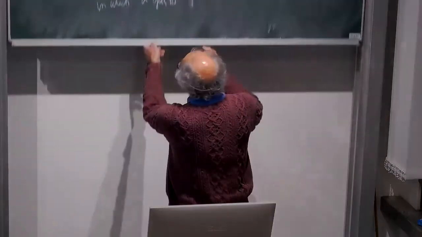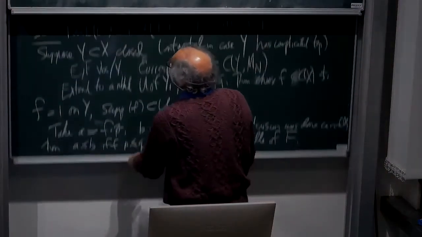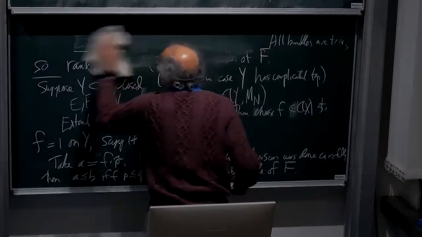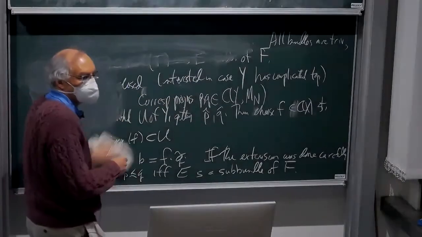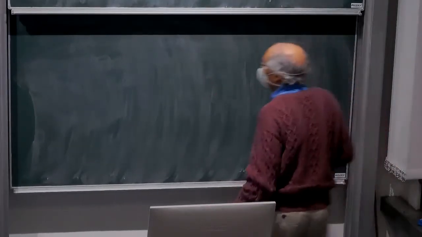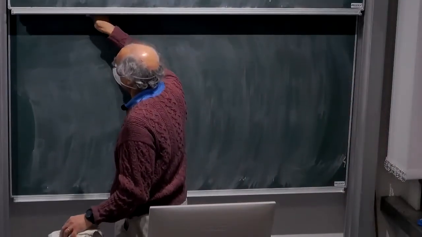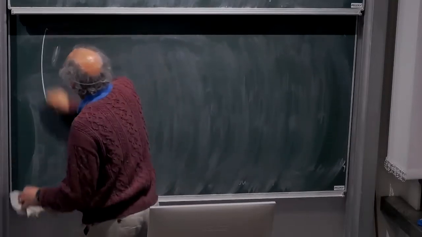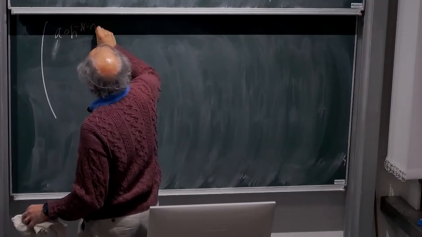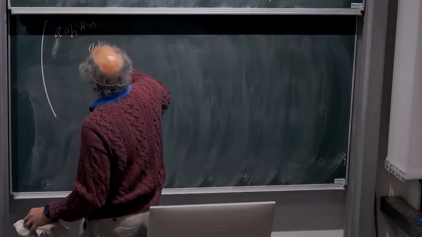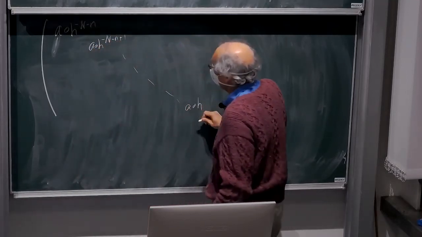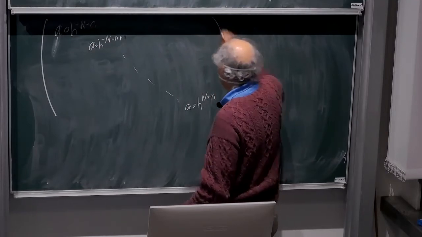Okay, I'll use the top part of this board. Again, assuming that my set F over there is actually an interval, the structure will look familiar. A composed with h to the minus n minus little n, A composed with h to the minus n plus 1, A composed with h to the n plus little n.